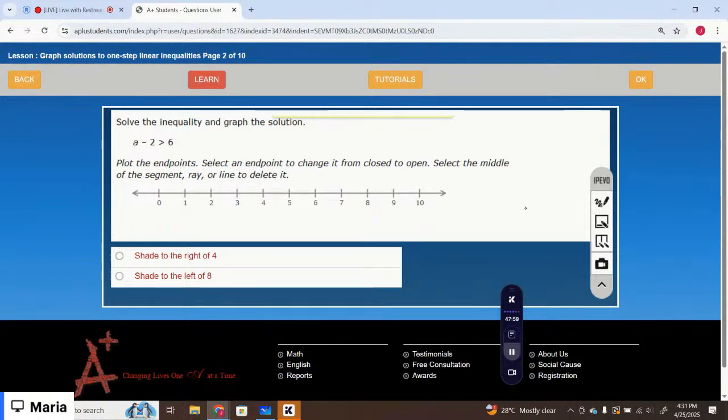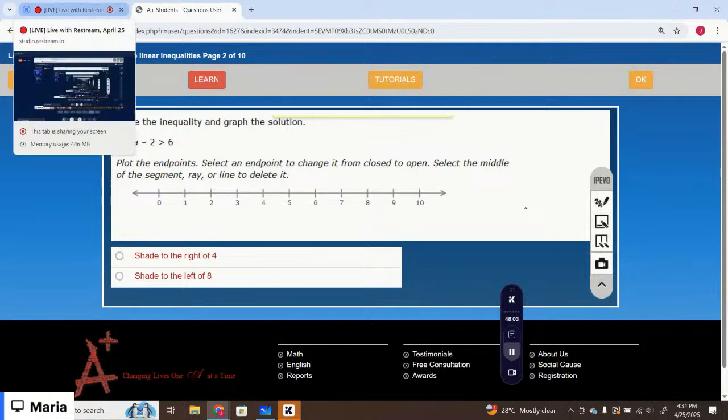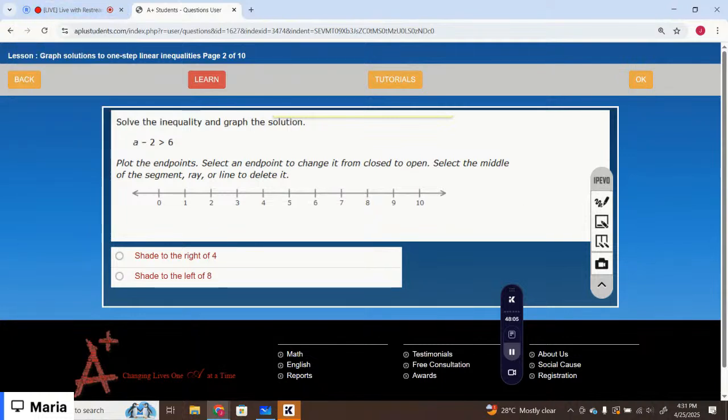Solve the inequality and graph the solution. A minus 2 is greater than 6.